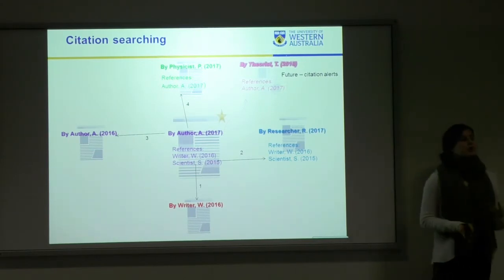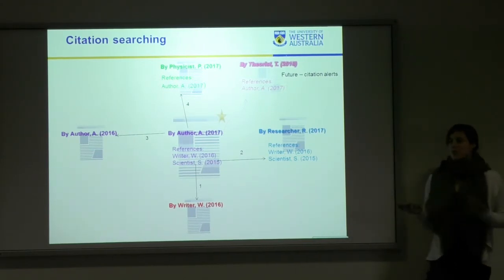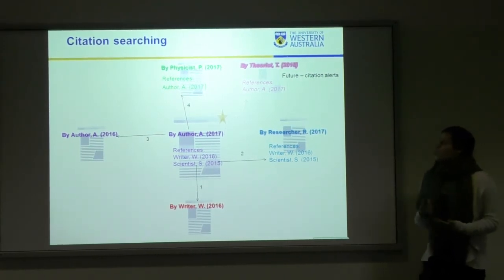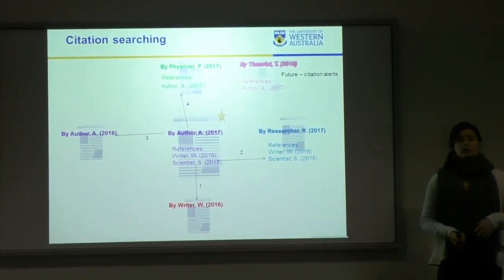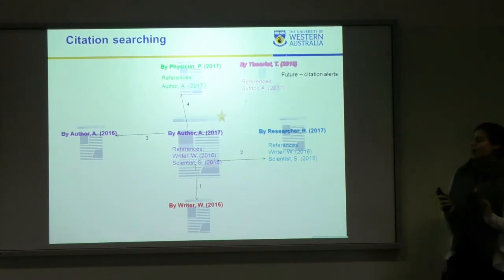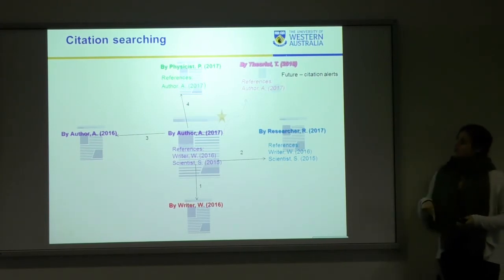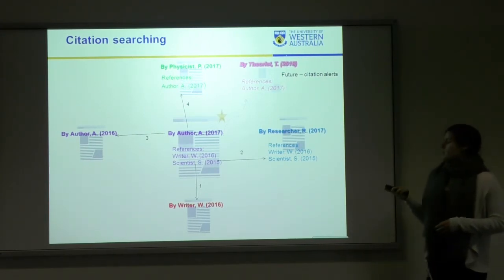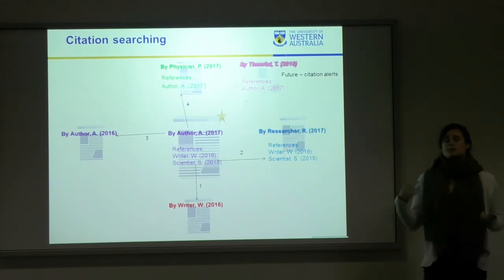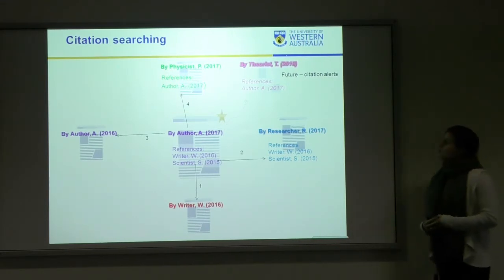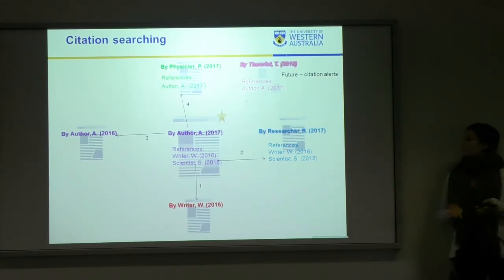Who has built on their work, particularly if your paper wasn't just published last month, can be a really useful way to expand your search. And finally, in most databases, you can set up what's called a citation alert. So the database will email you if anyone else cites them in the future. So then you can stay updated on who else is building on that amazing paper that you found.